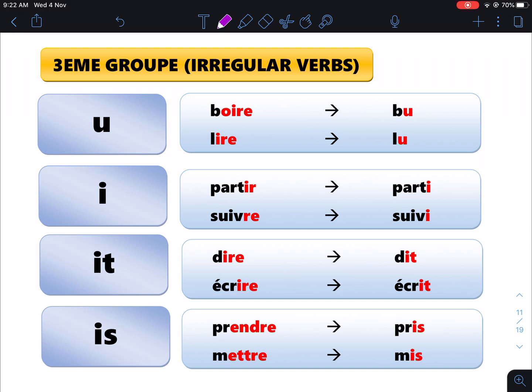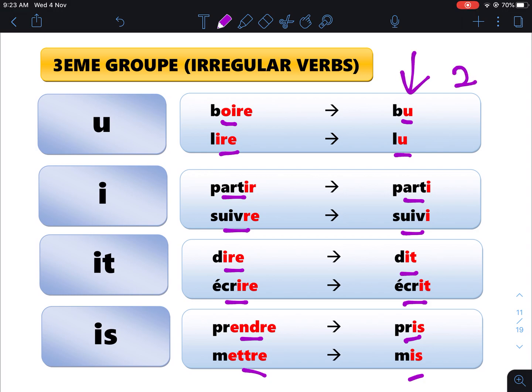The focus of our assessment will only be on those verbs which you have seen in our textbook. So you have a few variations here. Boire, bu, lire, lu. Partir, parti. Suivre, suivi. Dire, dit. Écrire, écrit. Prendre, pris, and mettre, mis. Okay, this will be the second component, which is the past participle.